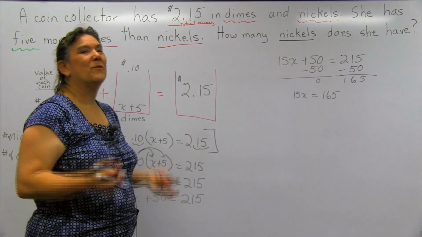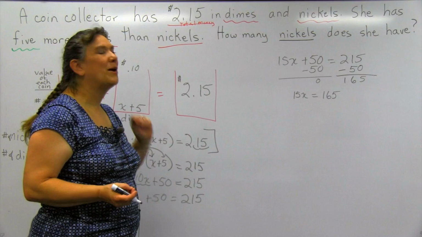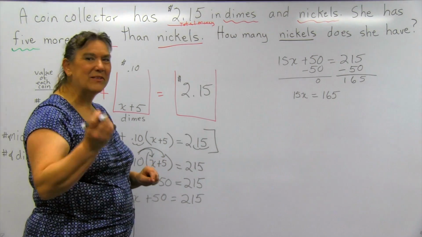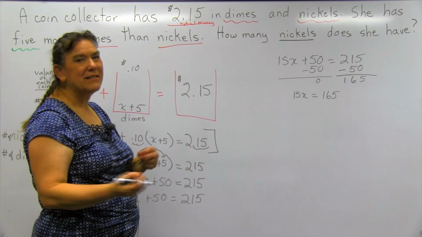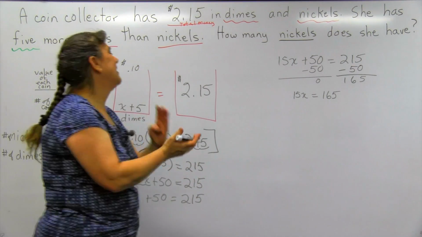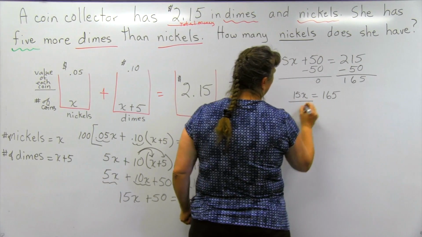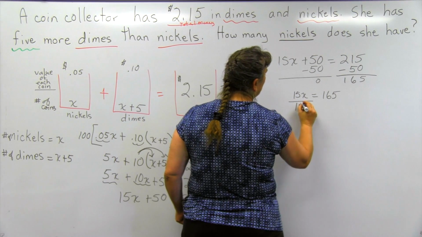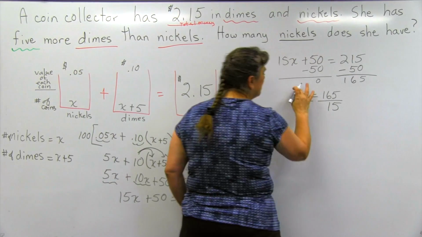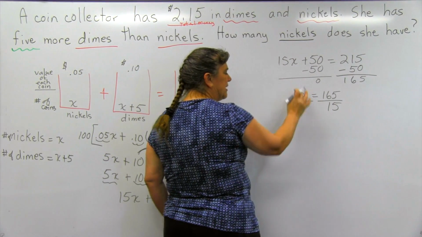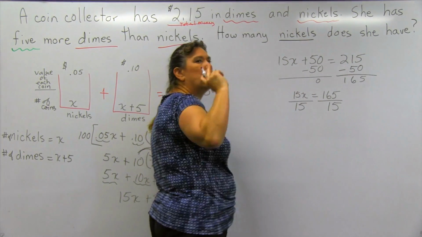Okay? Now, what's our next step, guys? You've done it a lot. What do we need to do? What's our operation? Yeah, I hear that. Multiplication. How do we undo multiplication? What's the opposite operation? Division. Yeah, that's it. Division. So we're going to divide by the number that multiplies the x, because we want this to become a 1. 15 divided by 15 is 1.